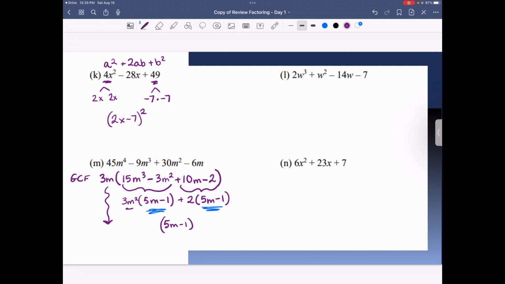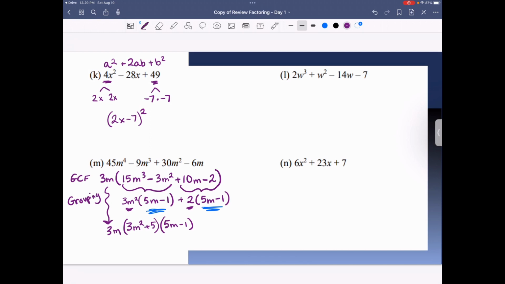And then this 3m squared and this plus 2 occupy the other parentheses of our factors. And then we bring down our GCF. So what we did here was GCF and grouping.